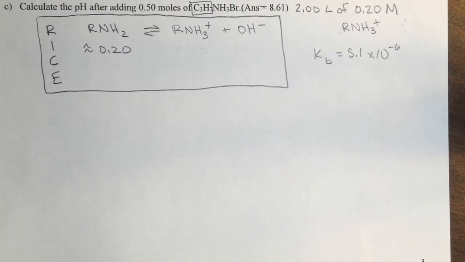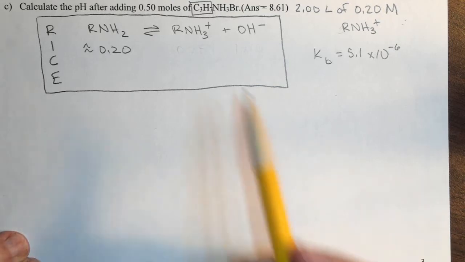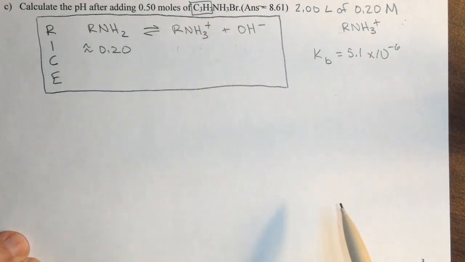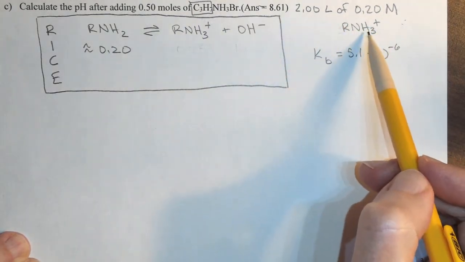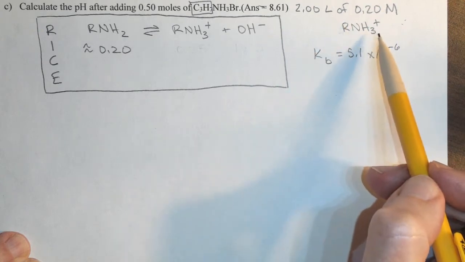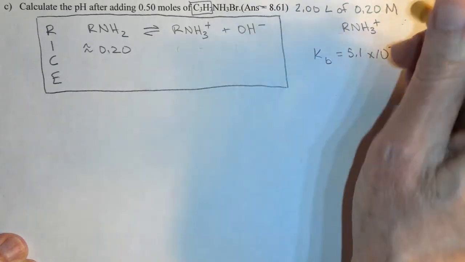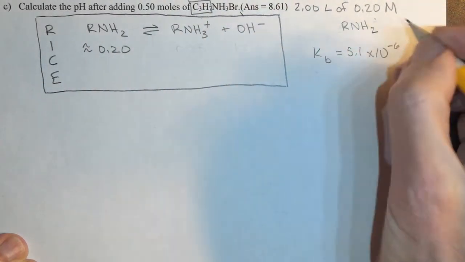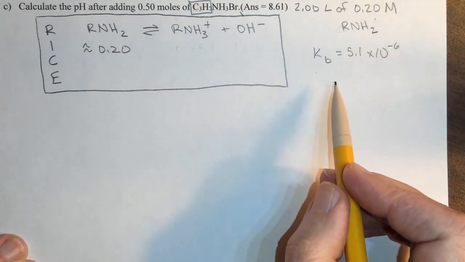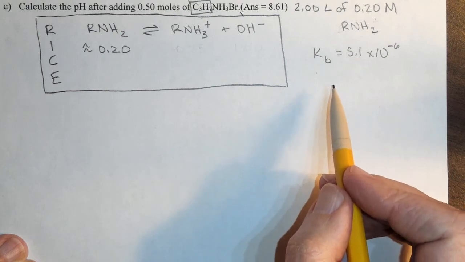Okay, now we're going to look at calculating the pH after adding 0.50 moles of the ammonium salt to the flask that we had previously. We had 2 liters of 0.20 molar of the RNH2, let's get that straight, RNH2, and we had a Kb value of 5.1 times 10 to the negative 6th.